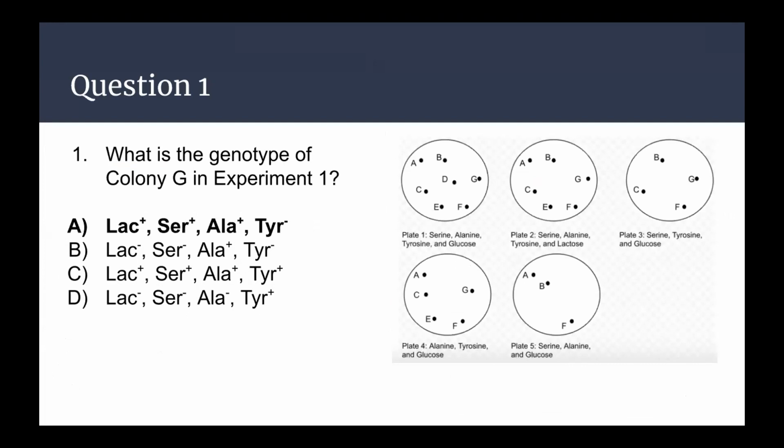This means that colony G doesn't have the enzyme that makes tyrosine, so it's tyrosine negative. If you're confused about the nomenclature, the plus superscript means that the bacteria has the enzyme to synthesize this amino acid. If it's a minus superscript, then it lacks the enzyme and needs to be given this amino acid in whatever media it's in. So colony G is able to grow in plates without additional lactose, serine, and alanine, meaning that it can make these nutrients on its own. So A is our answer.